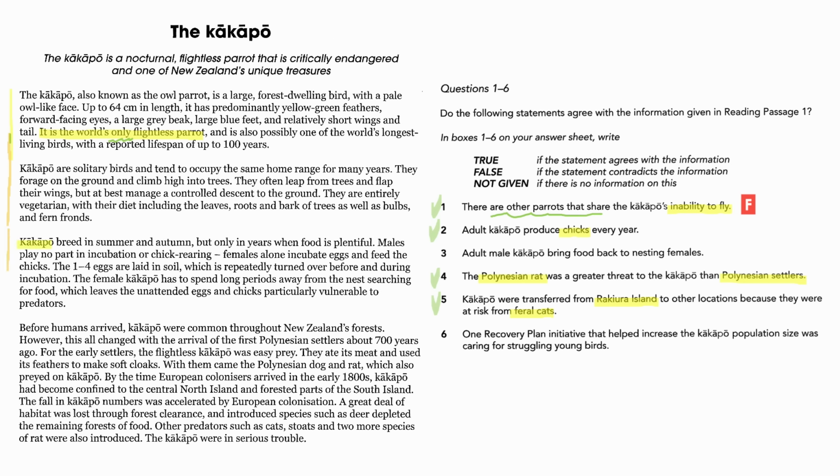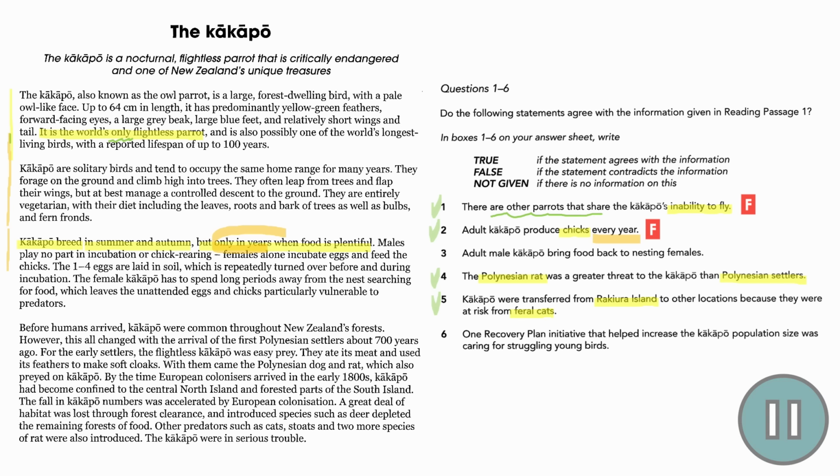Kakapo breed, or they have chicks, in summer and autumn, but only in years when food is plentiful. So not in all years, only in some years. While the statement actually says that kakapo produce chicks every year. Again, there is a direct contradiction. The answer is false.